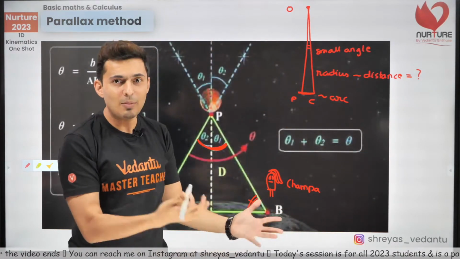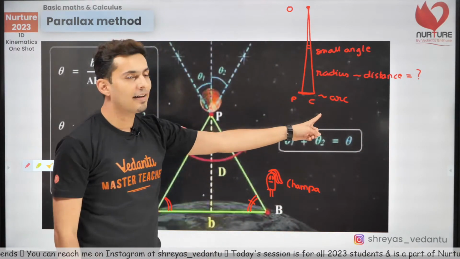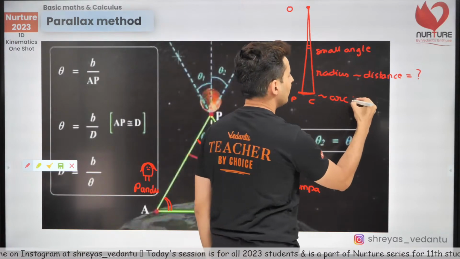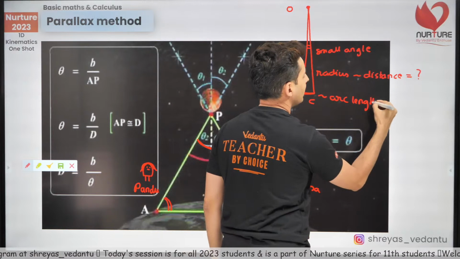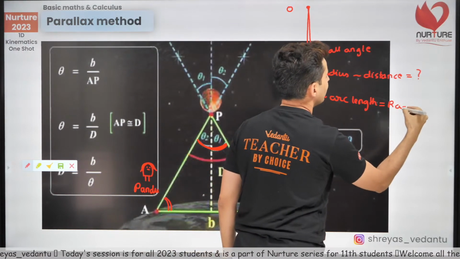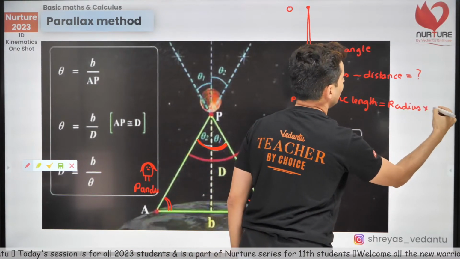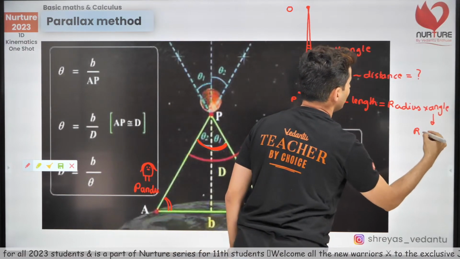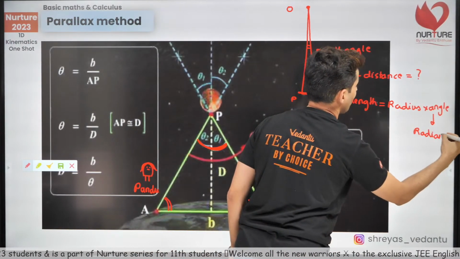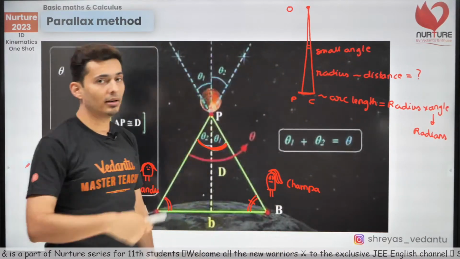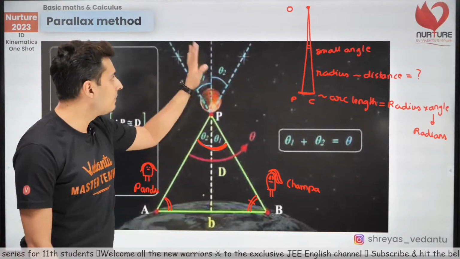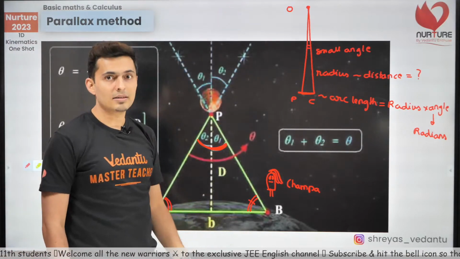And what's the relationship between radius, arc length and angle? Everybody knows this. Arc length is equal to radius multiplied by angle, but keep this in mind, this angle should be in radians. If it is not in radians, please convert it into radians. That's it. Everybody got this? That's the logic behind measuring the distance.